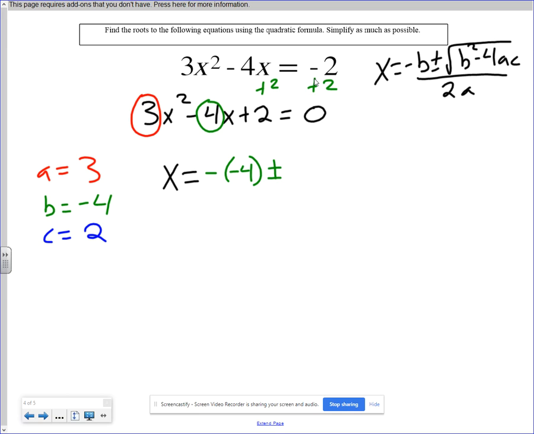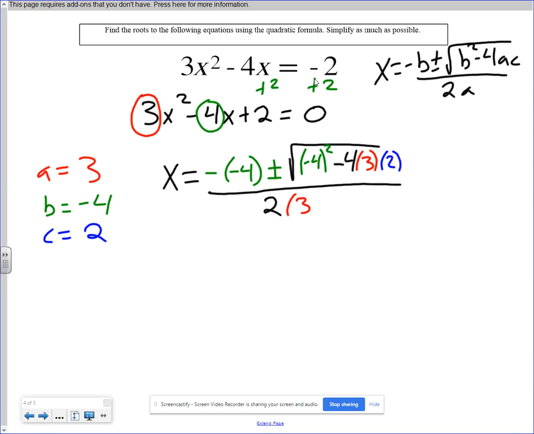plus or minus the square root. Now we'll have b squared, so negative 4 squared, minus 4 times a, which is 3, times c, which is 2. All over 2 times a, so all over 2 times 3. So we'll simplify this. So negative 4 is going to end up just being positive 4.